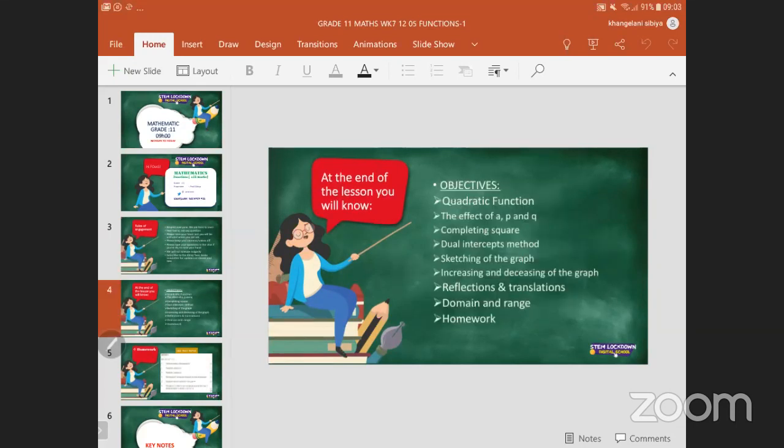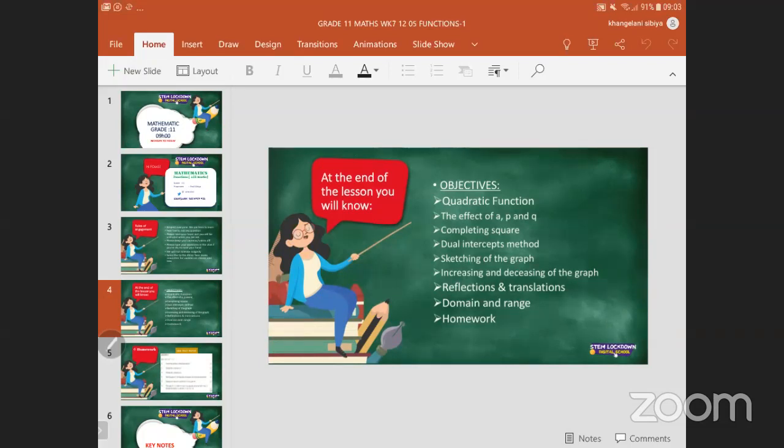Then our objectives are as follows. By the end of this lesson, you must be in a position to understand the quadratic function. We did the effect of a, b, and q yesterday, completing the square, the y-intercept method, sketching of the graph. We also covered increasing and decreasing of a function yesterday.